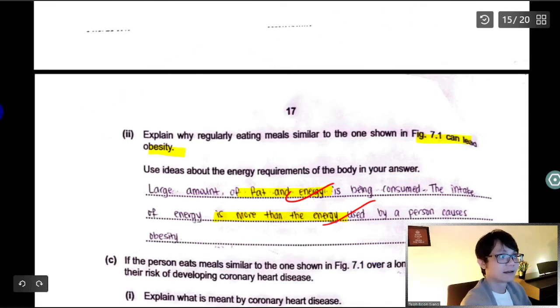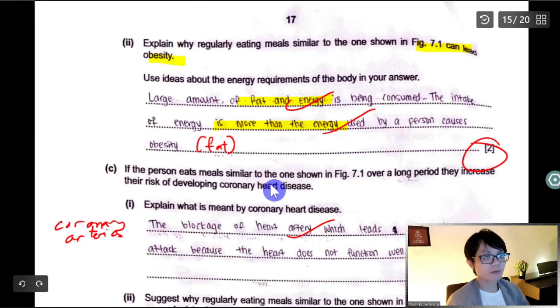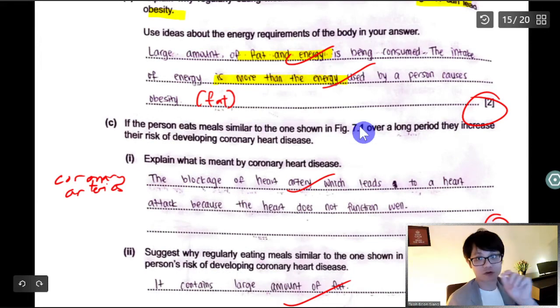Okay, so I just put here one more to make the answer better. Because the intake of energy is more than the person will use, so the energy will be stored as fat. Okay, so we got 2 marks. You can use your own words, I just write a small point. When you do your exam, you just make it a sentence.